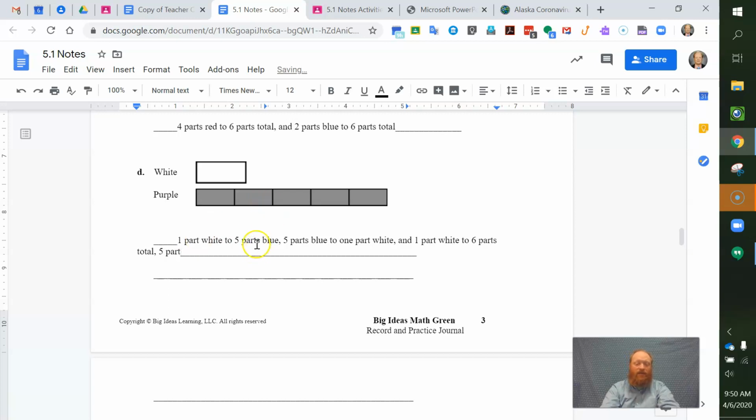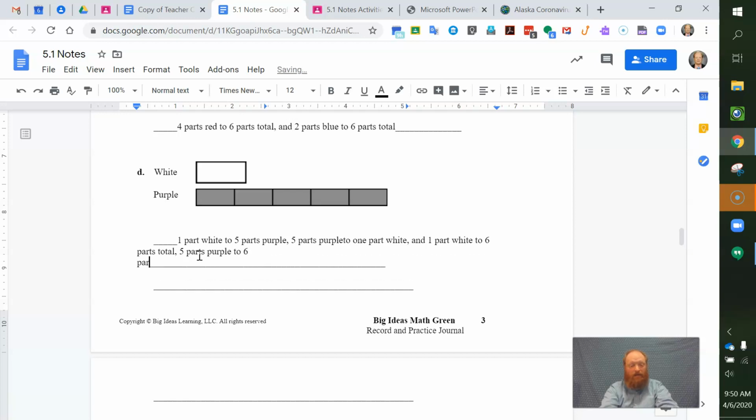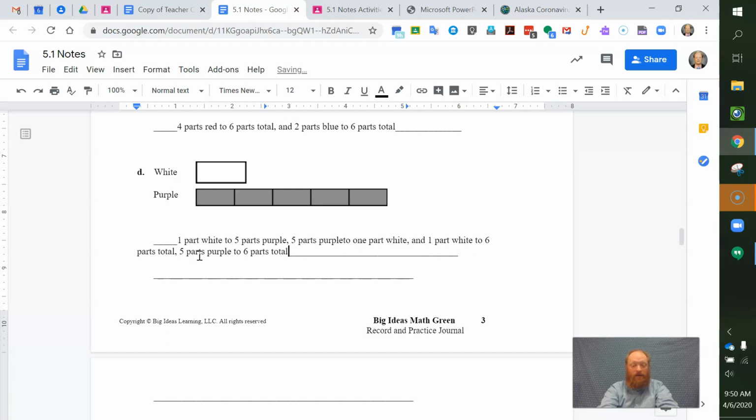Why did I say blue when this says purple? Purple. And this one is purple. 5 parts purple to 6 parts total. So let's delete a lot of this stuff, get it back up onto one line.